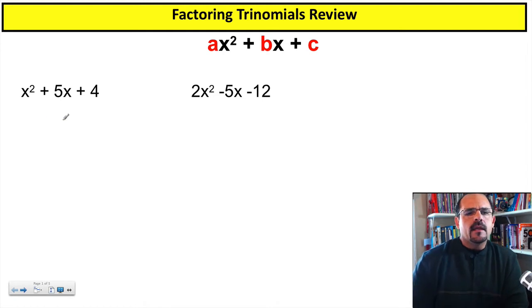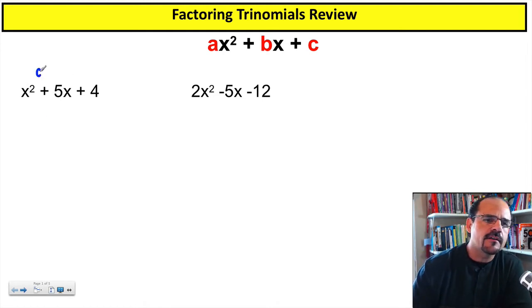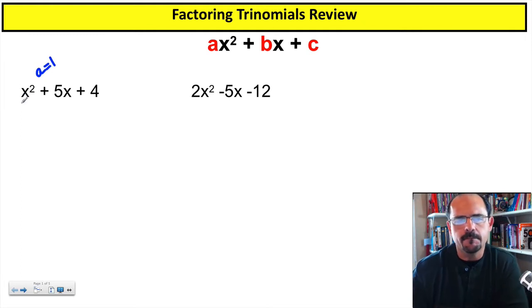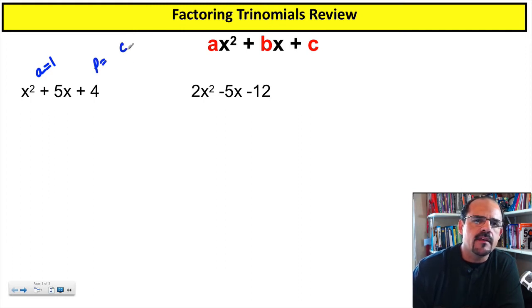So, in Algebra 1, you factored where a was always equal to 1. See that little 1 there? You don't see it, but it's there. So all you did back then was say, give me two numbers whose product is c and whose sum is b. In other words, whose product is 4 and whose sum is 5.